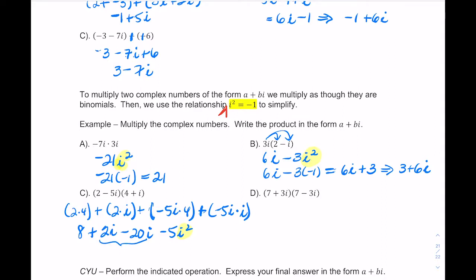So when I turn this i squared into a negative 1, negative 5 times negative 1 actually turns into a positive 5, right? So now I can also combine the 8 and the 5. So 8 plus 5 gives me 13. 2i minus 20i is negative 18i.